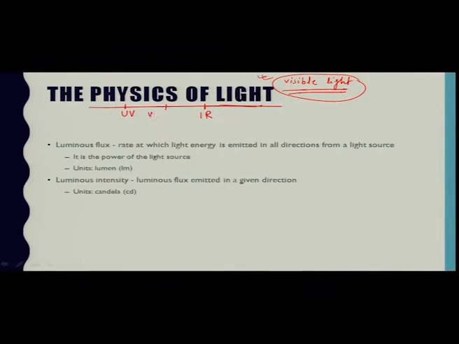Here is visible light, and it is at about 400 to 700 nanometers of wavelength. So this is the range of visible light.